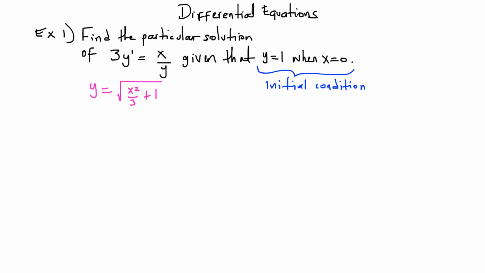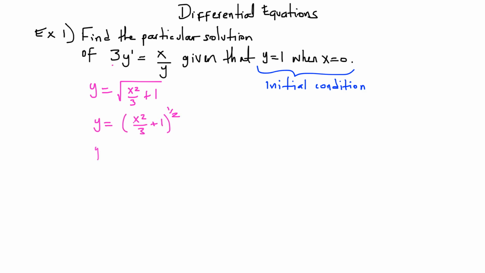So now I rewrote my particular solution here, and I want to show you why this is the solution to the differential equation. The differential equation says take 3 times y prime. So I'll do that just now. I'm going to take the derivative of this function here. Before I take the derivative, maybe I should rewrite it. This is x squared over 3 plus 1 quantity raised to the 1/2 power.